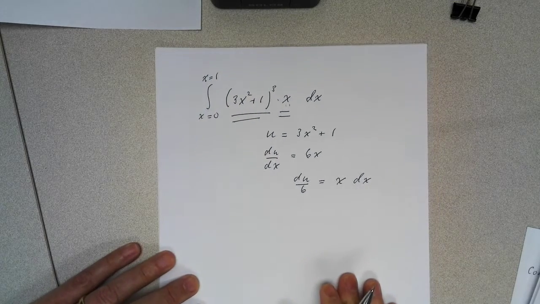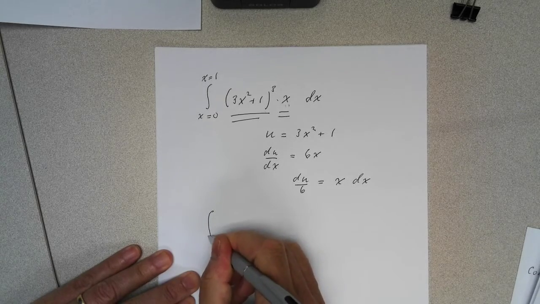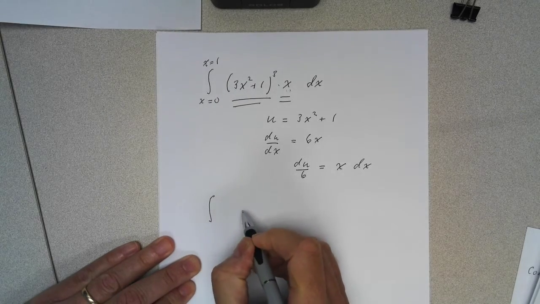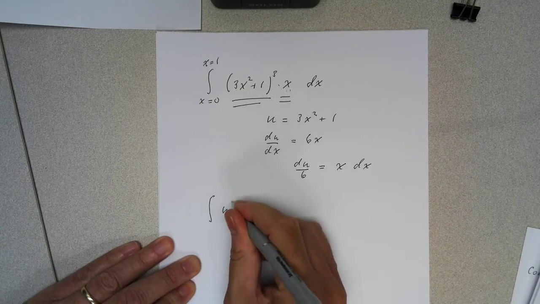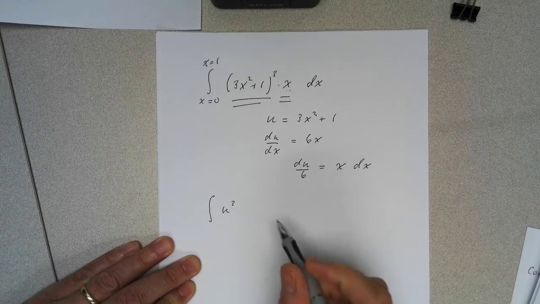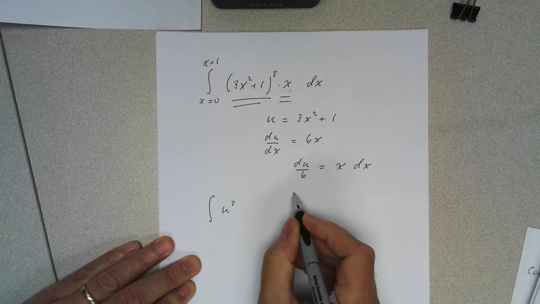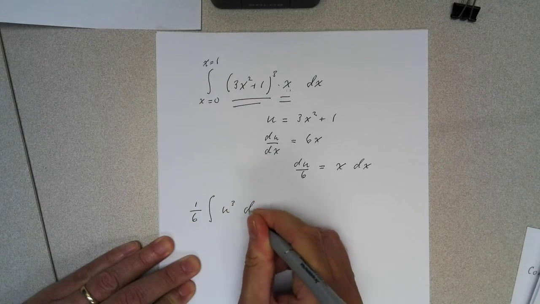Now we're going to rewrite the original integral in terms of u. The inside becomes u to the third, which is just this. x dx is 1/6 of du, but we could pull that 1/6 out.